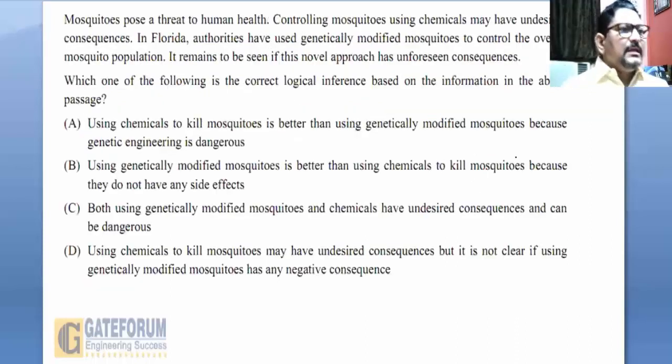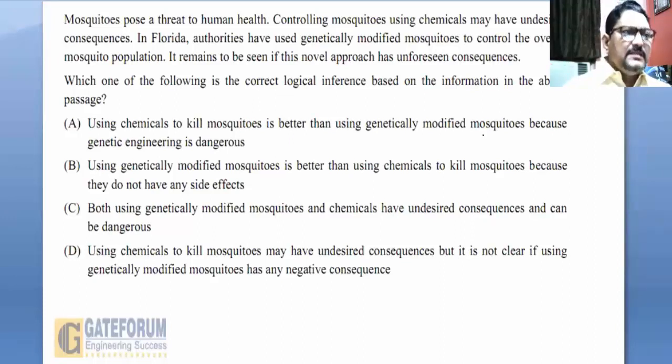Okay, this is a verbal ability question. Mosquitoes pose a threat to human health. Controlling mosquitoes using chemicals may have undesired consequences. In Florida, authorities have used genetically modified mosquitoes to control the overall mosquito population.